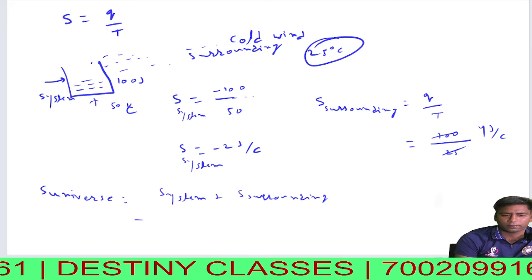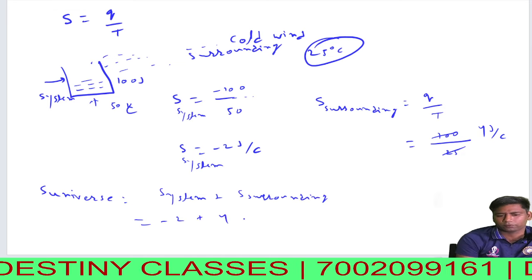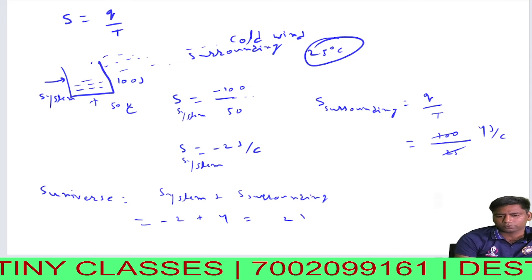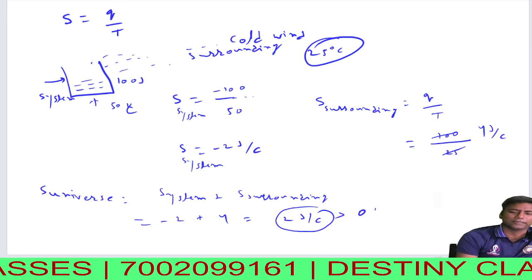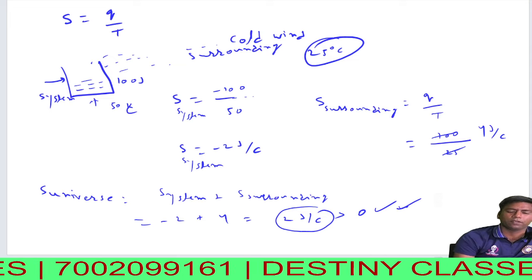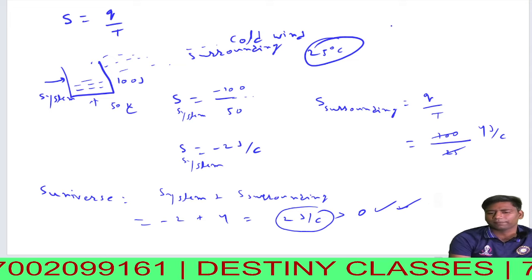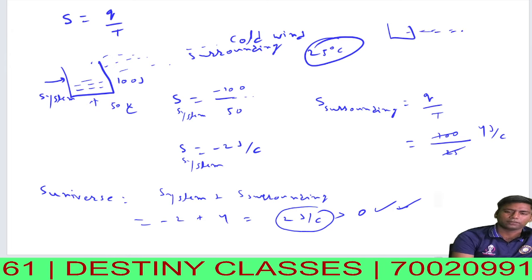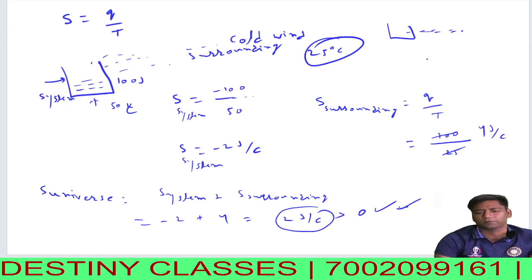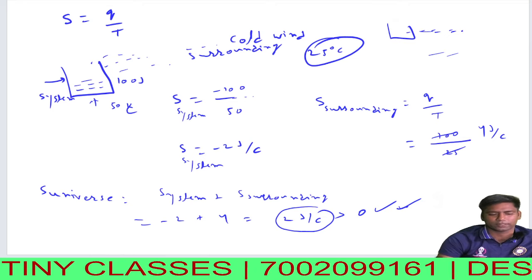So student, minus 2 plus 4, we get plus 2 joule per Celsius. So we can see that entropy is increased or positive for the spontaneous process, meaning if we have coffee, it naturally gets cold. That's why the entropy of a spontaneous process increases, or is greater than 0.